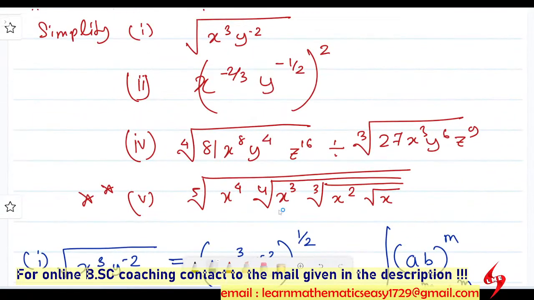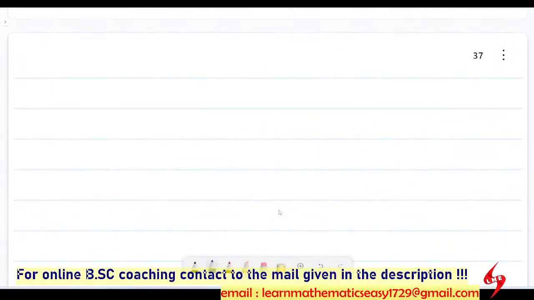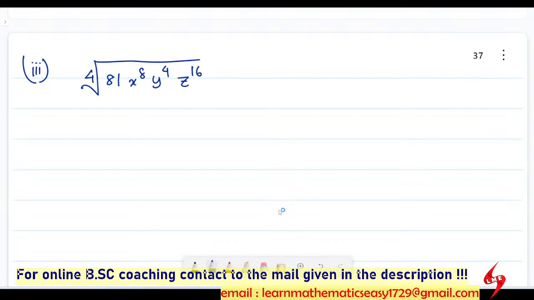Next, this one. Fourth root of 81 x to the power 8 y to the power 4 z to the power 16, this is the division, cube root of 27 x cube y to the power 6 z to the power 9.